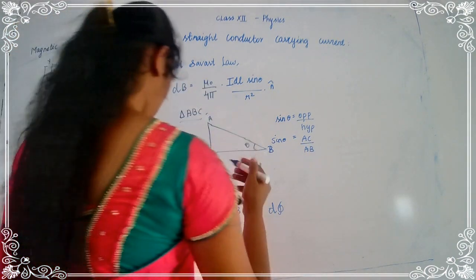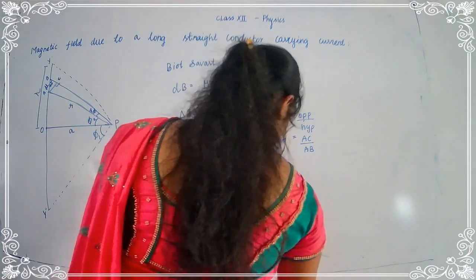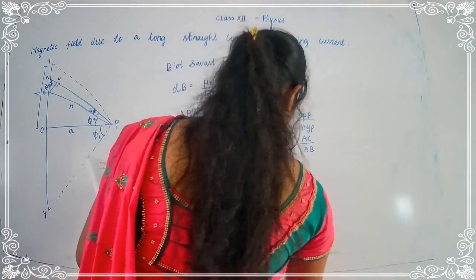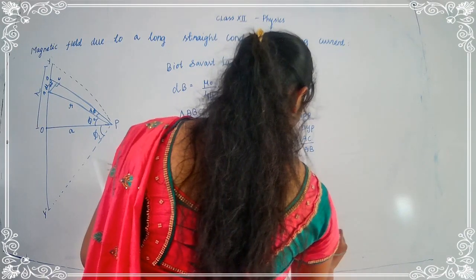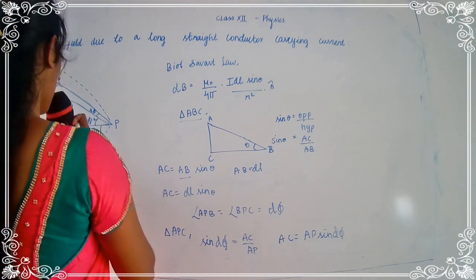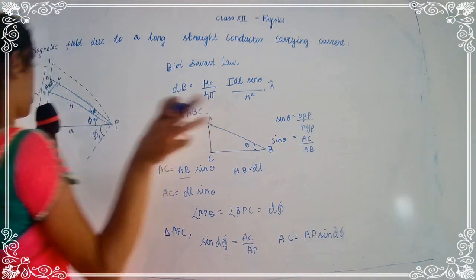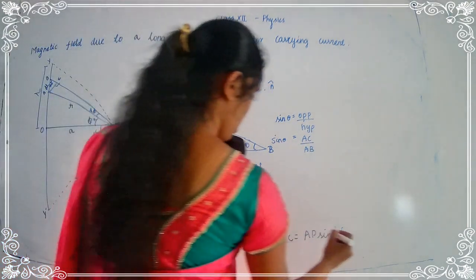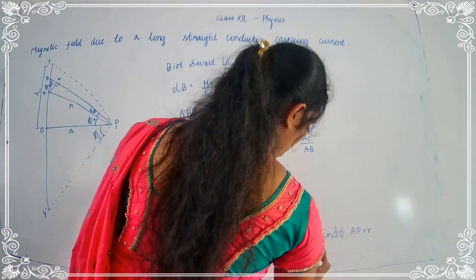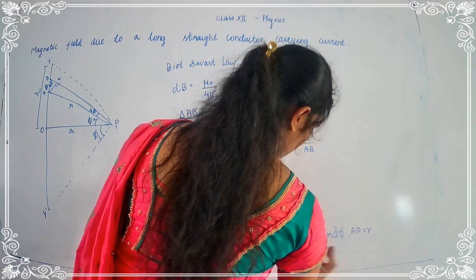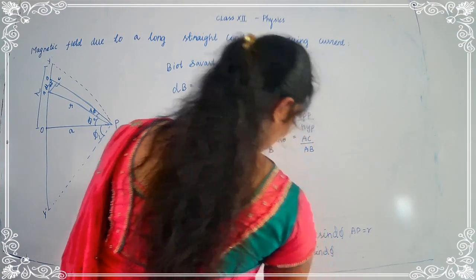Now write AC is equal to AP sin d phi. What is AP? See here, AP is r, isn't it? So that is r into sin d phi. AC equal to r into sin d phi.